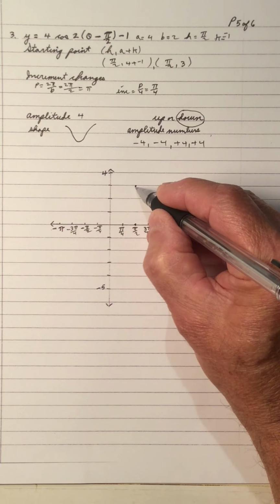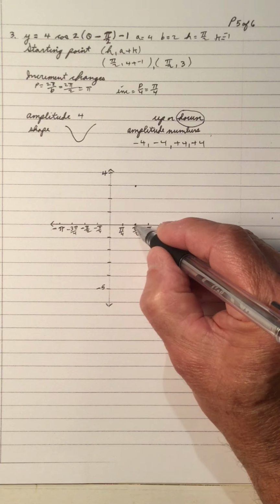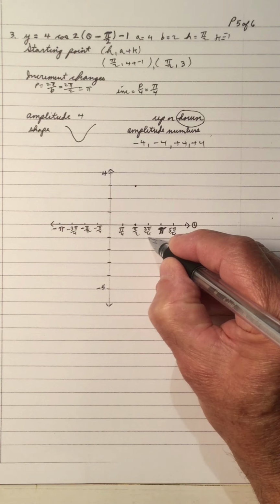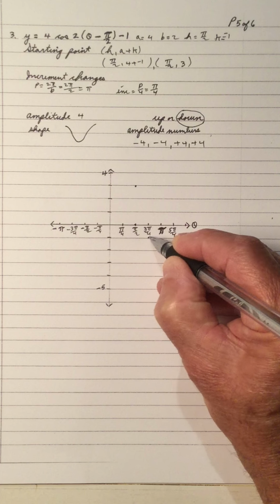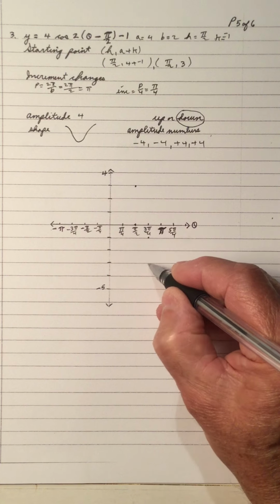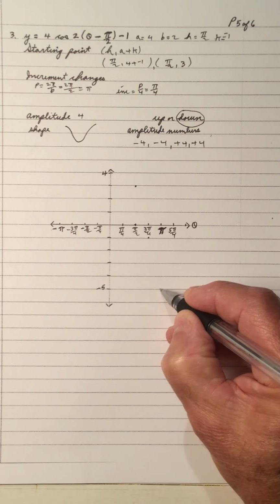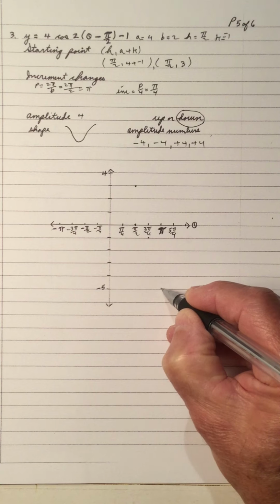So we go down 4 to the next one. So down 4. 1, 2, 3, 4 is right here. And it goes to pi. So it goes down 4 more. 1, 2, 3, 4. So it's right here at pi.